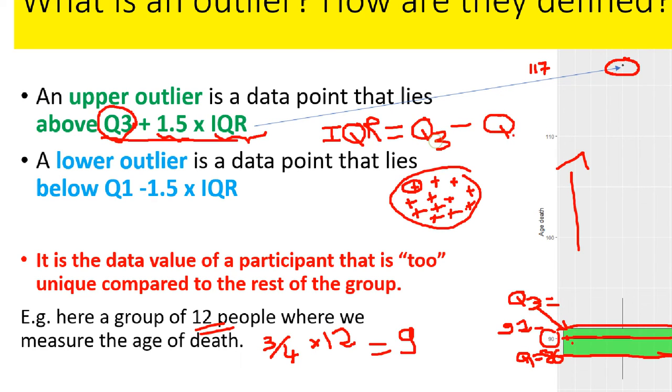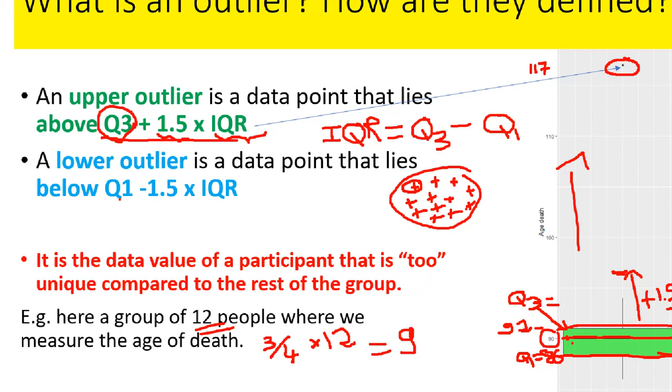Okay? Anything that is above Q3 plus 1.5 times IQR will be an outlier. Okay? So this would be an outlier.